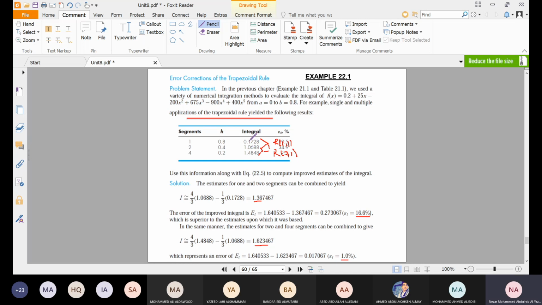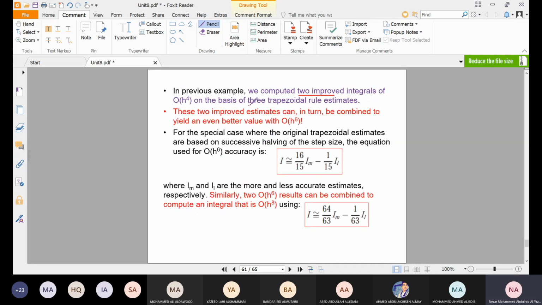So in this case, we can use the 3 trapezoid estimations to get one with order 4. Okay, so these two improved estimations can be combined together to improve the accuracy to order h to the power 6.